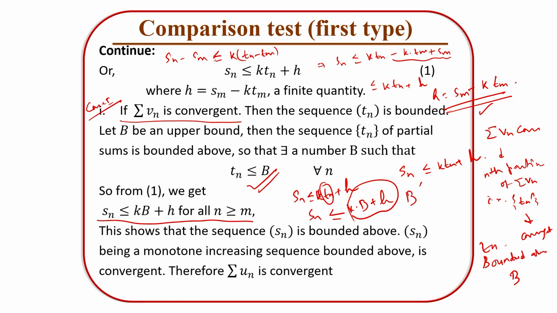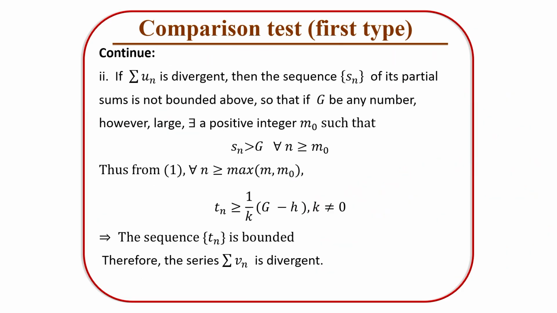So this means Sn is bounded above, and Sn is a monotonically increasing sequence, and hence Sn is convergent. And Sn was the nth partial sum of the series summation un, and that means the series un is convergent. That's the easiest proof.